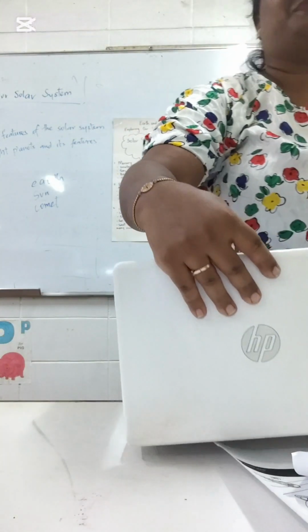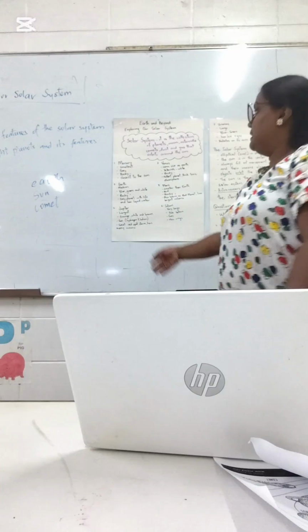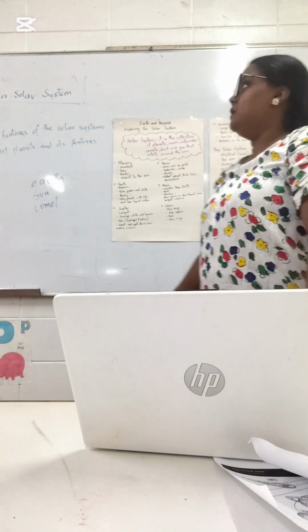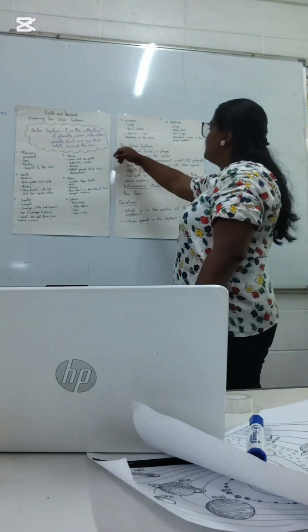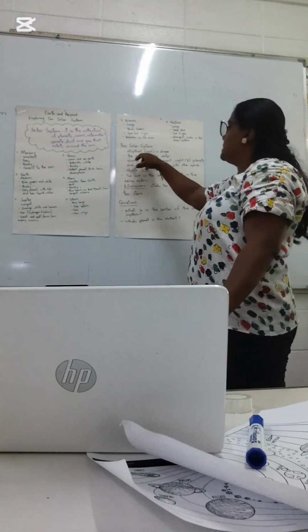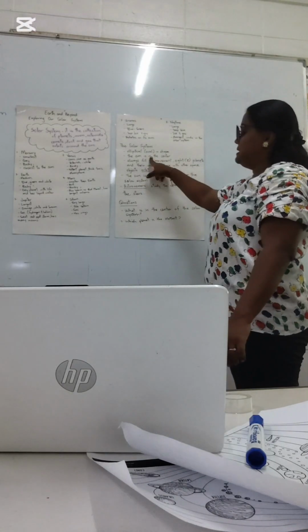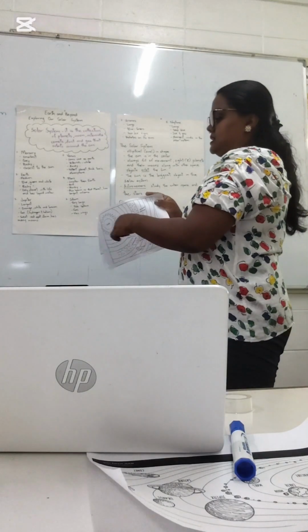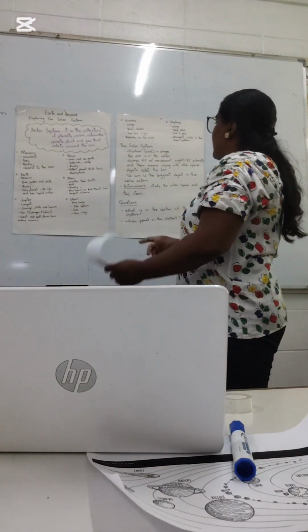Okay, children. So we have seen how our 8 planets are positioned in their orbits. Now we will look at our solar system in general. The solar system is oval, elliptical in shape, and the Sun is in the center. As we saw in our diagram, the Sun is the center of our solar system.